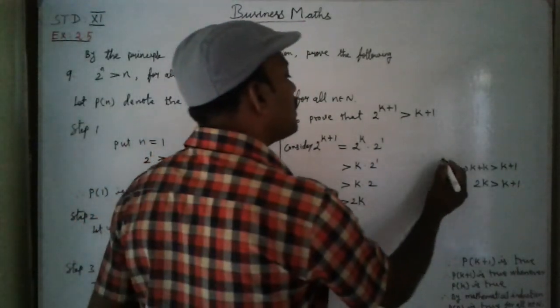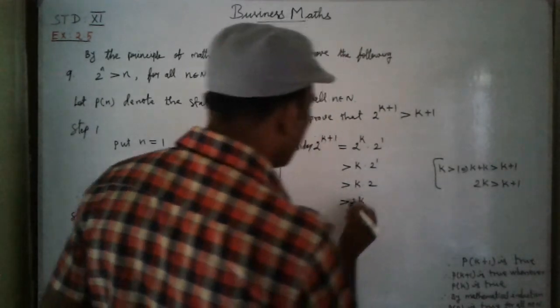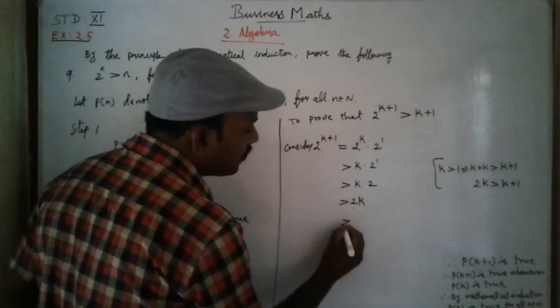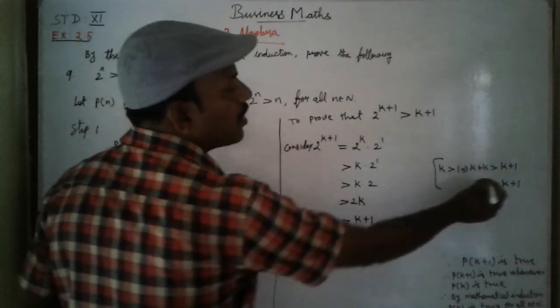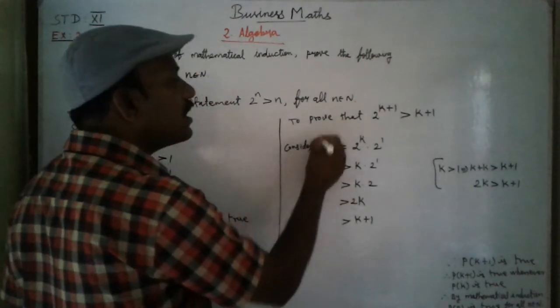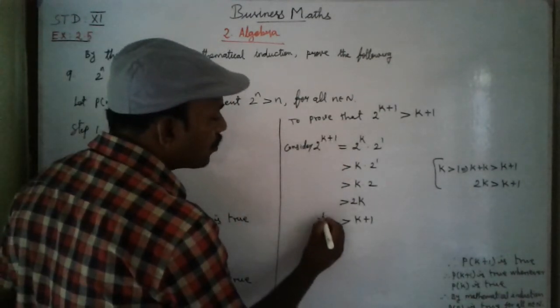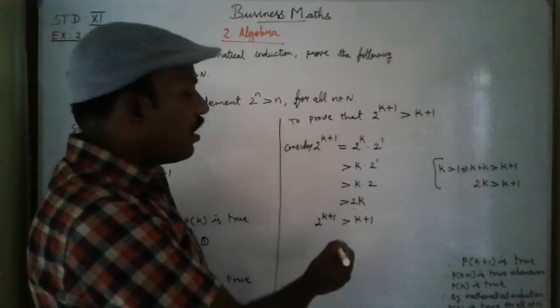We should substitute this value, 2k is greater than k plus 1. It's the smaller value, k plus 1, compared to 2k. So when we substitute, 2 power k plus 1 is greater than k plus 1.